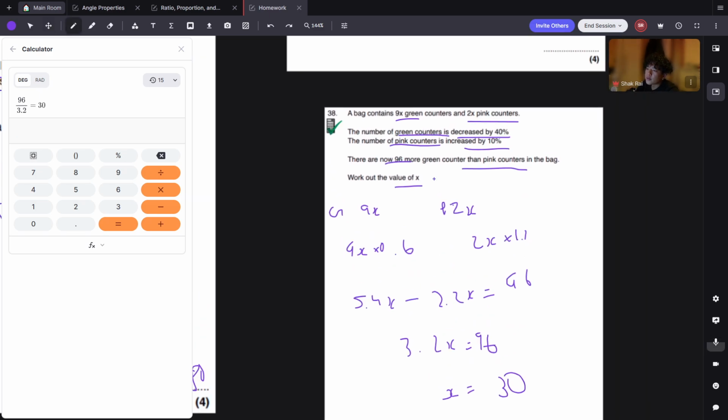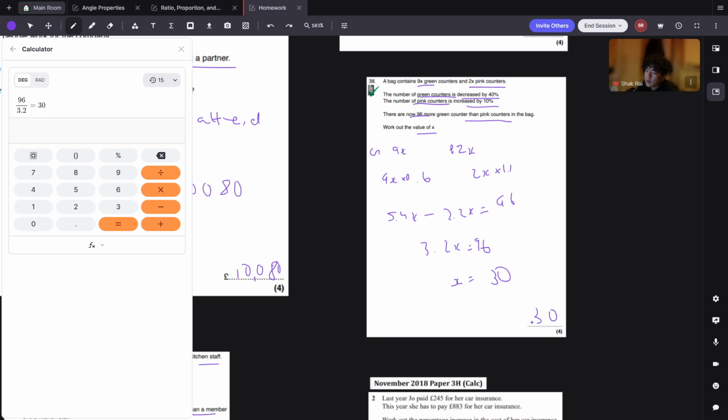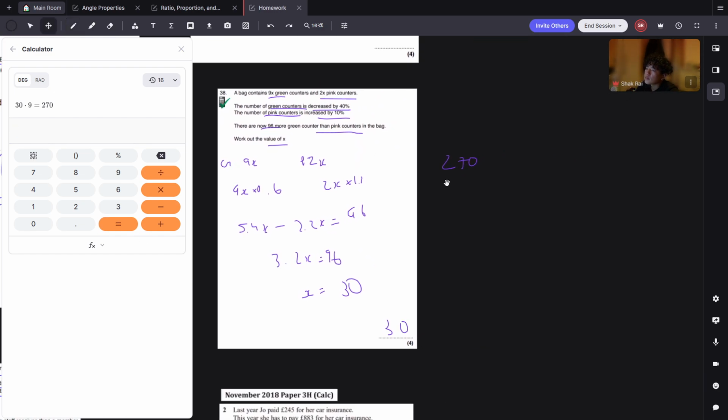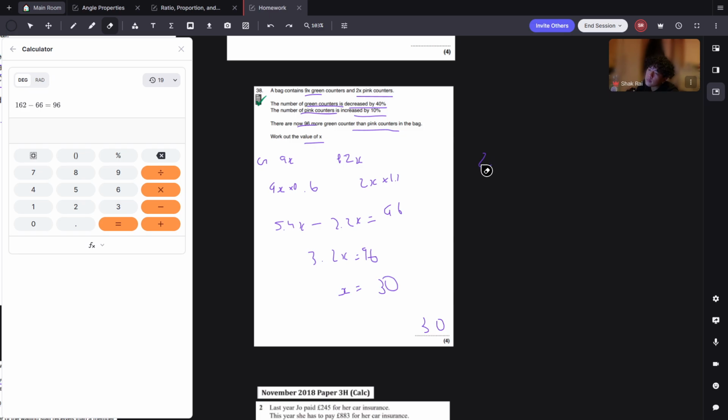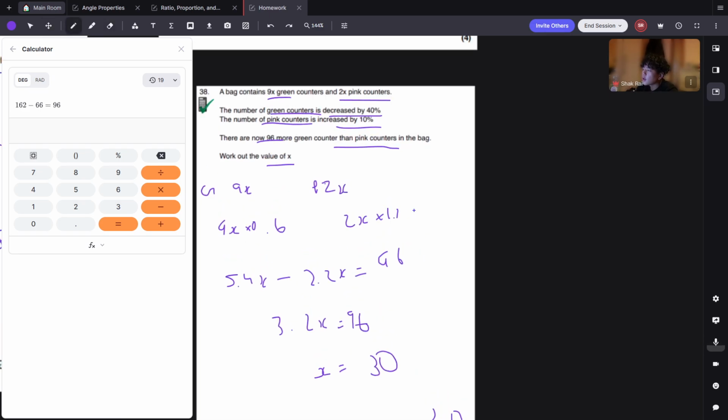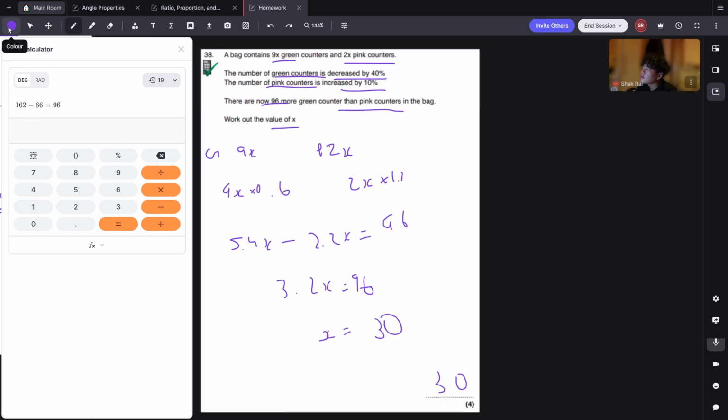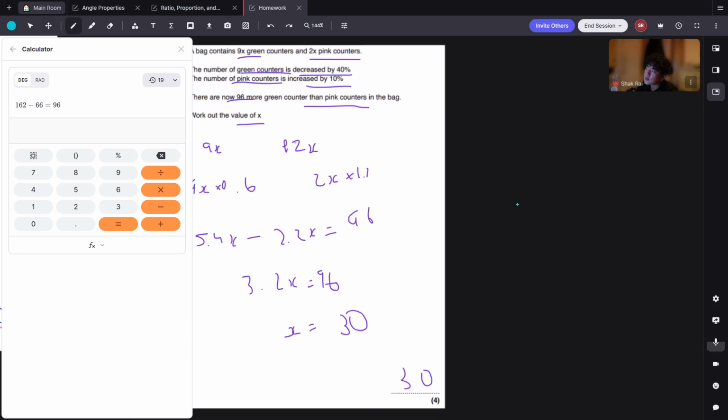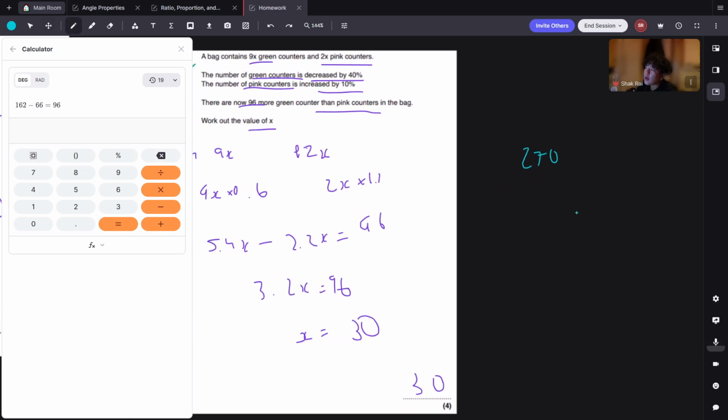Cool. And we can check this is correct. With x equals 30, we can confirm by putting x back into the question. 9 times 30 is 270 green counters, and it decreases by 40%.